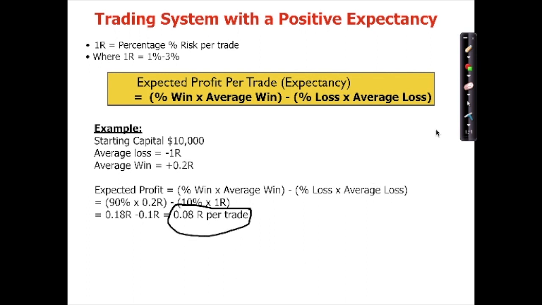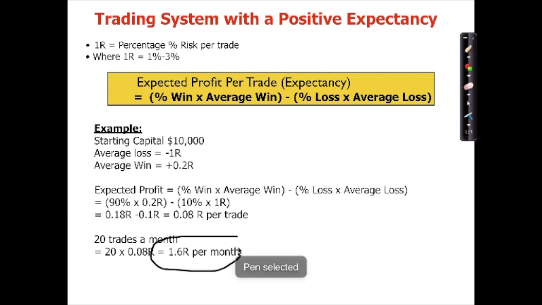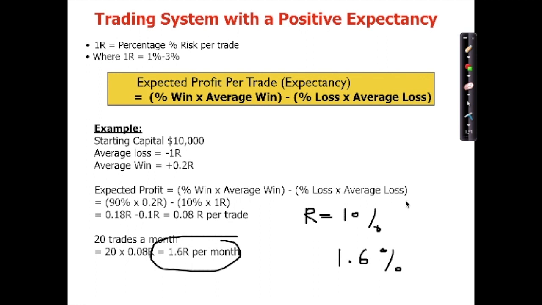And this means that on average, if you do 20 trades a month and you get 0.08R per trade, your expected profit per month is only 1.6R per month, which means if you risk 1% of your capital, you're only making 1.6% return a month, which is quite sad, right?